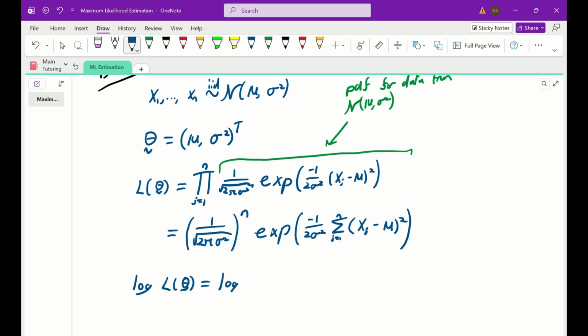So we've got the log of this first term here, 1 on square root 2 pi sigma squared to the n, and then for the second term, the log is going to cancel the exponential. So we're just going to be left with minus 1 on 2 sigma squared, sum from j equals 1 to n of xj minus mu squared. Right? That's because the log of an exponential cancels.